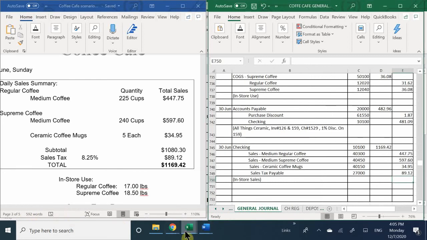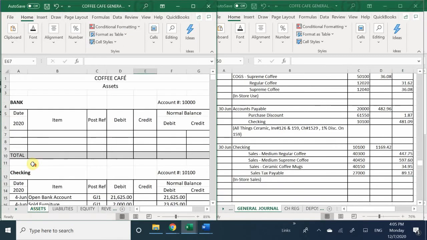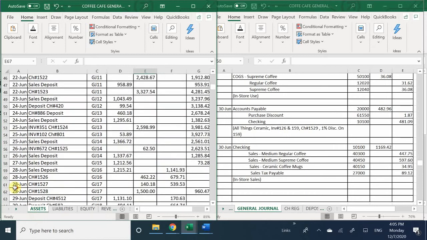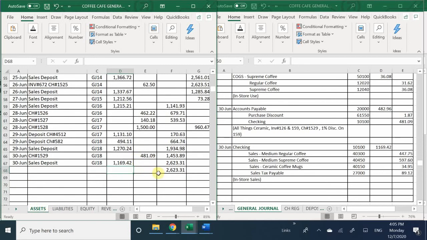City sales deposit, general journal 18. Bringing our new balance to $2,623.31.